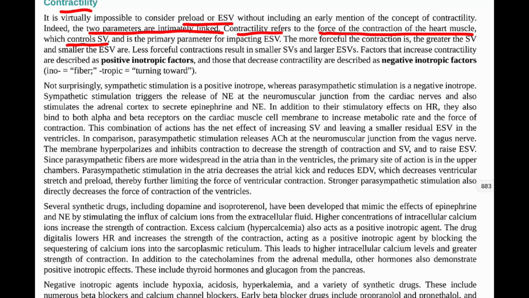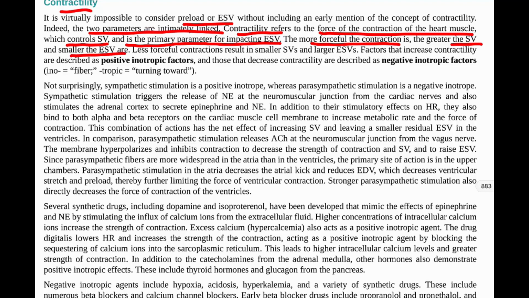So if we have a weak contraction, we're not going to get much stroke volume. If we have a very forceful contraction, we'll have a lot of stroke volume, a lot of blood leaving. So it's the primary parameter for impacting our ESV, which is how much blood is left in the heart after contraction. The more forceful the contraction, the greater the stroke volume and the smaller the ESV, the smaller the blood left in the heart.